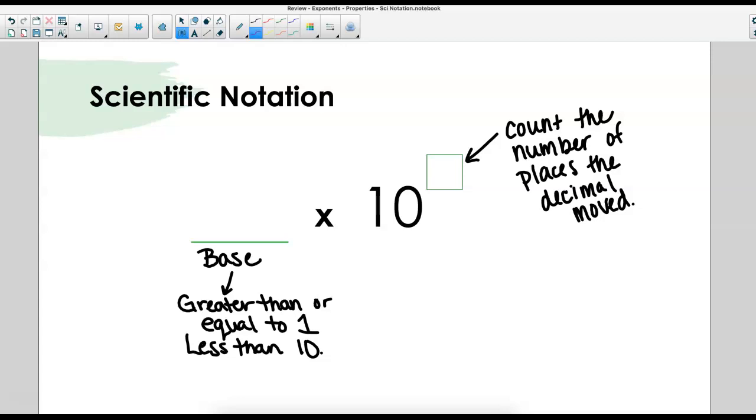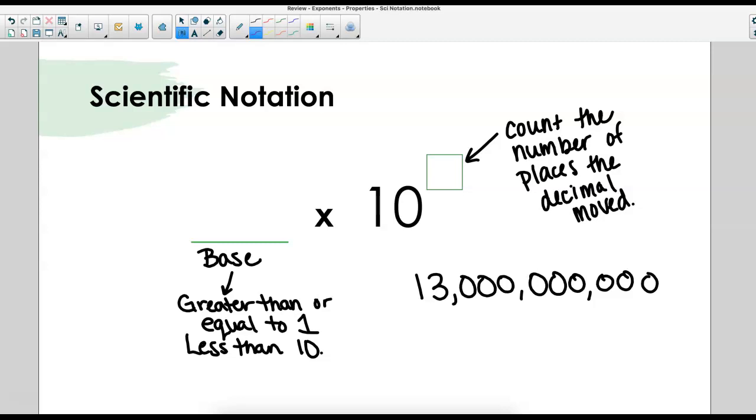Okay, so if I did this example and said I want to write this number in scientific notation: 13 billion in scientific notation.